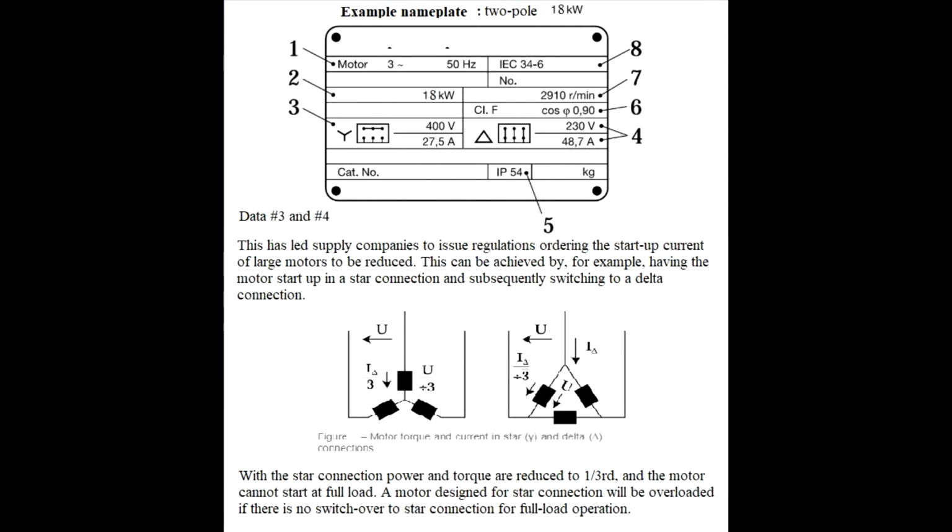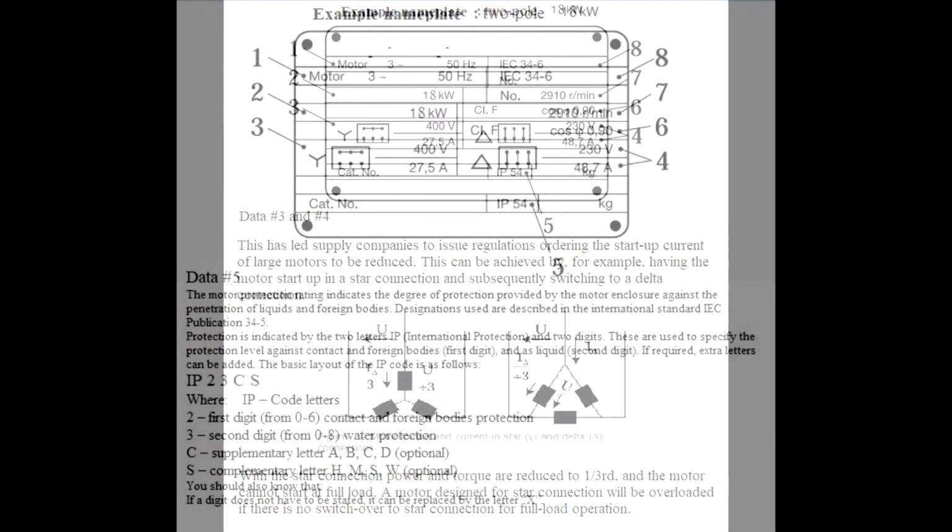With the star connection, power and torque are reduced to 1/3 and the motor cannot start at full load. A motor designed for delta connection will be overloaded if there is no switchover to delta connection for full load operation. Data number 5.